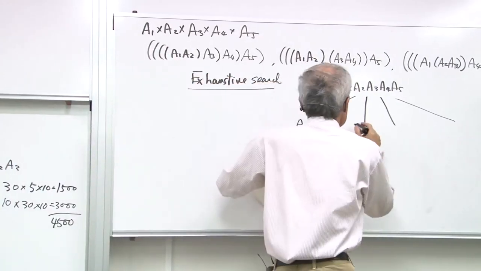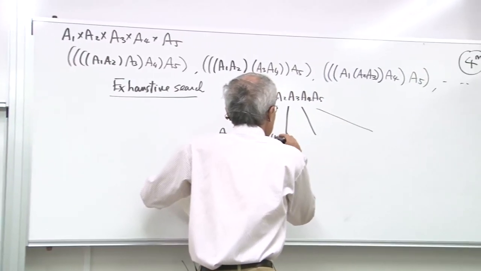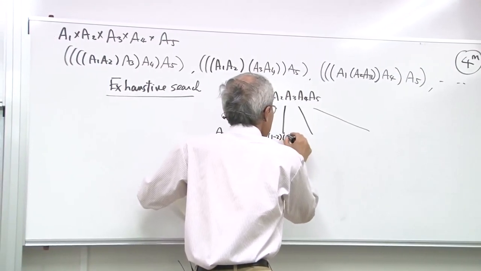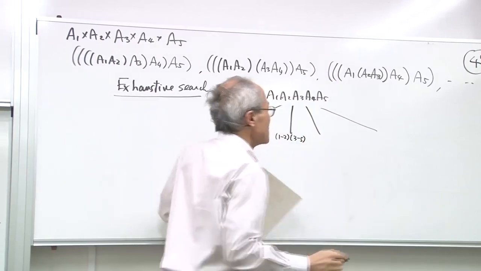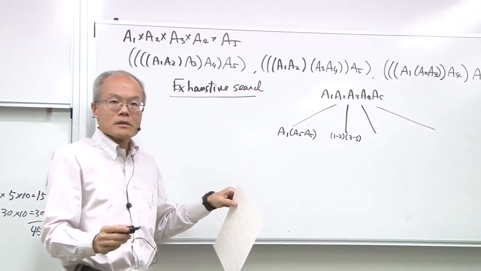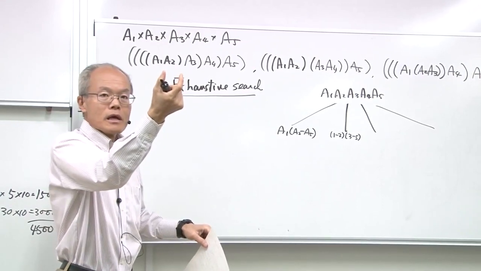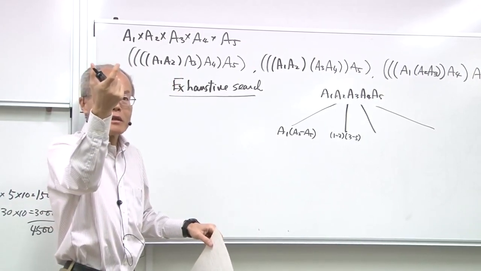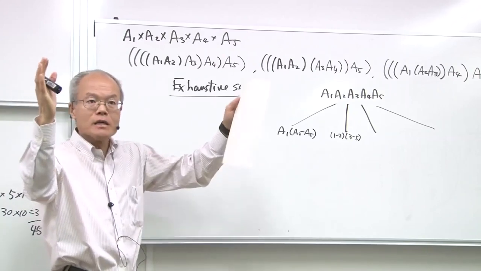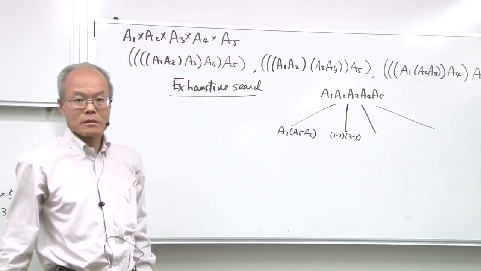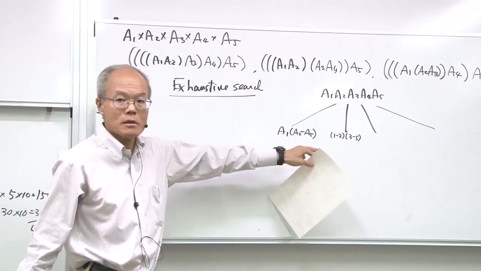The second possibility is A1 to A2 and A3 to A5. That means we multiply A1 to A2, and we multiply A3 through A5. Then finally, we multiply those 2 results. So this is the second possibility.